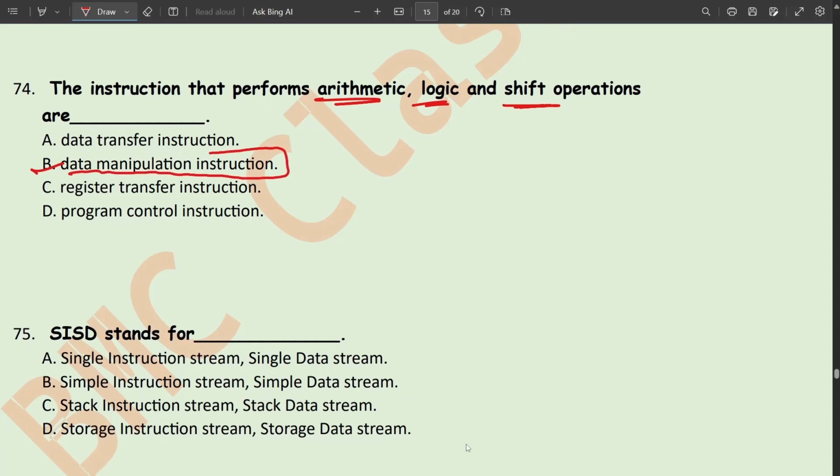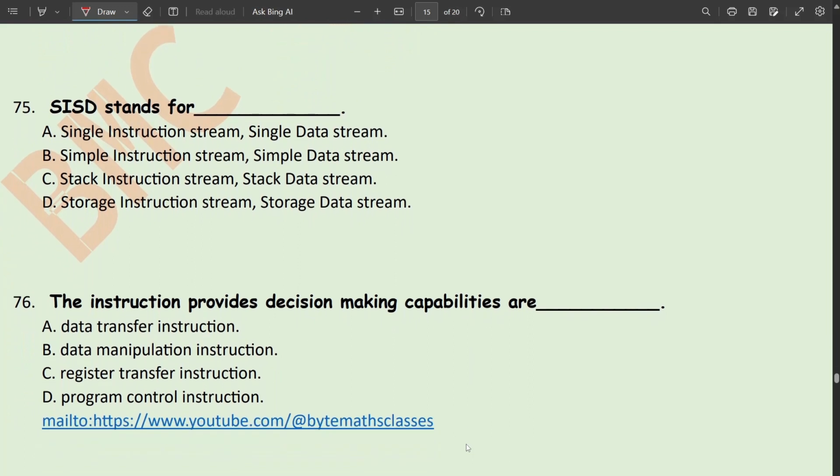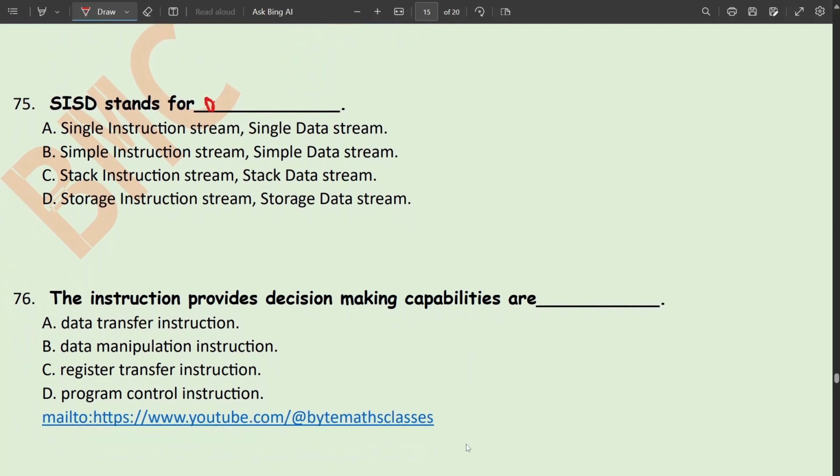Next, SISD stands for. This is also most important question. So SISD, S for what? You all know. Single instruction, single data.